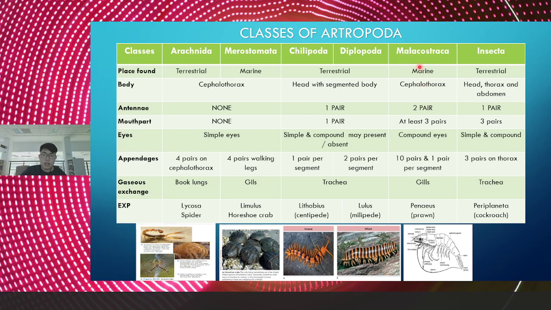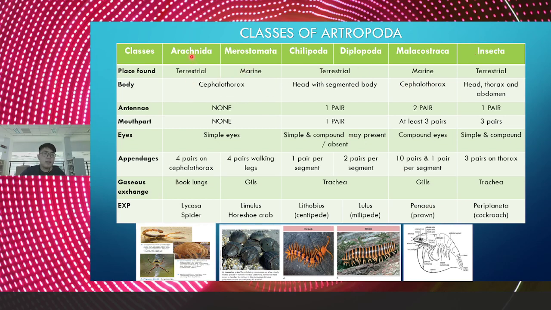So in this slide I use Malacostraca because it is safer compared to Crustacea. Campbell also writes Malacostraca, and on Google most sources say Malacostraca. The others are the same, no changes.